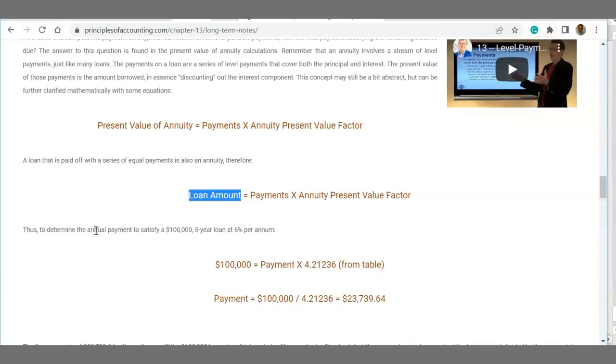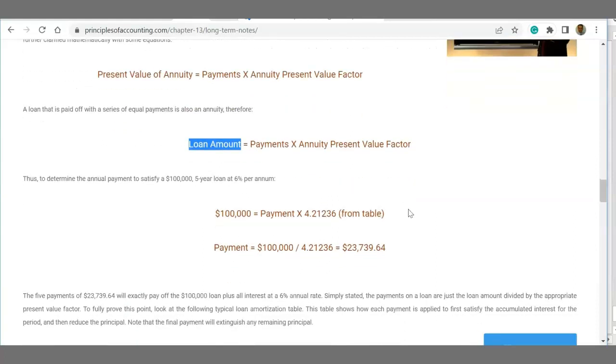So let's say the annual payment to satisfy a $100,000 5-year loan at 6% per year, how much payment might it be? So we know the loan borrowing today, present value, is 100,000. That's the loan. Payments we don't know, but we know the factor is 4.21236. Where's the factor coming from?